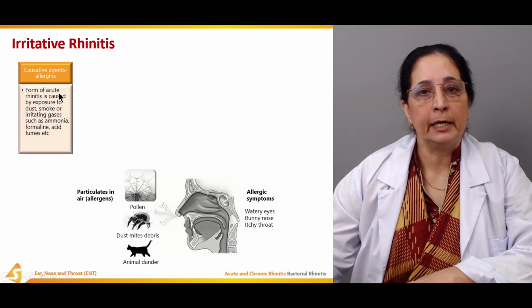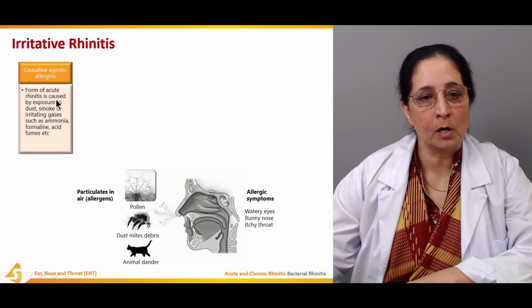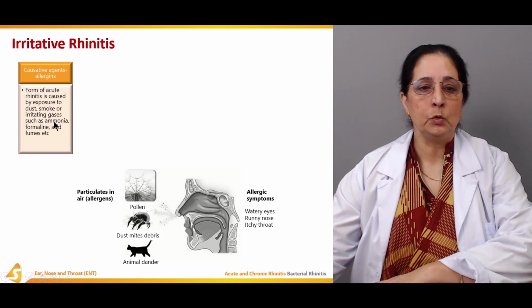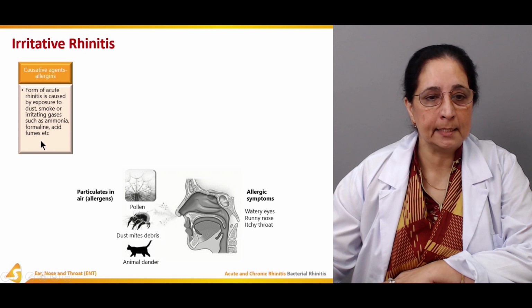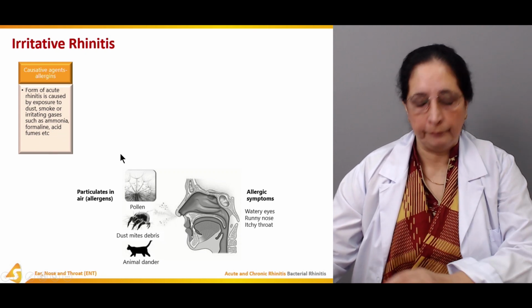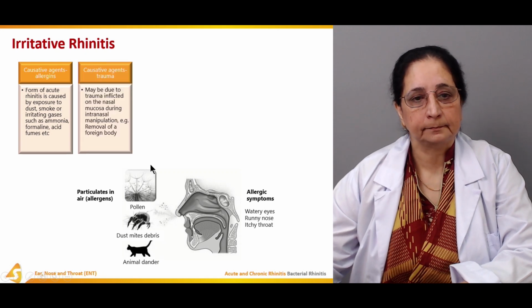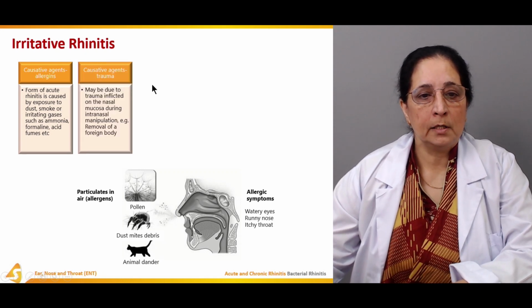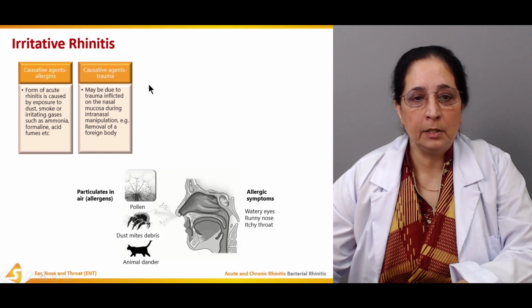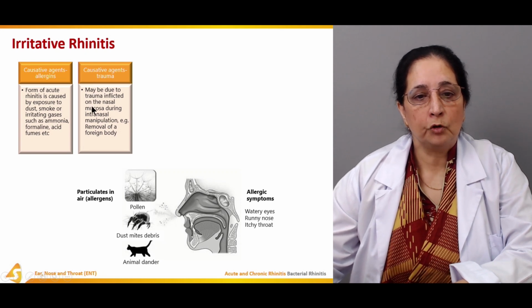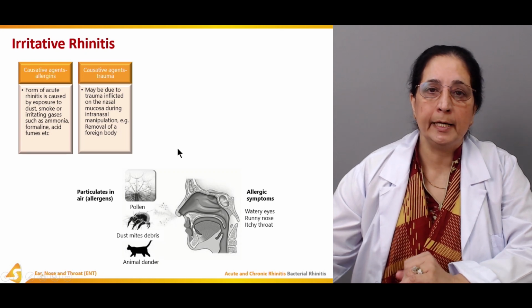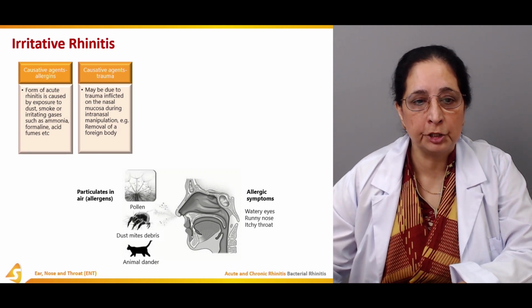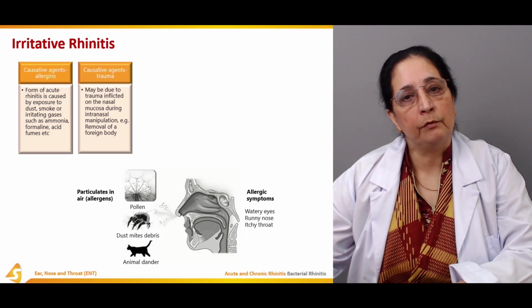It's a form of acute rhinitis caused by exposure to dust, smoke, or irritating gases such as ammonia, formalin, acid fumes, etc. Again, causative agents can be trauma inflicted on the nasal mucosa during intranasal manipulation, like removal of a foreign body.